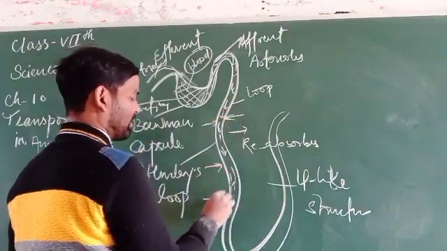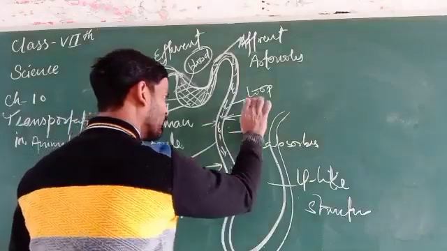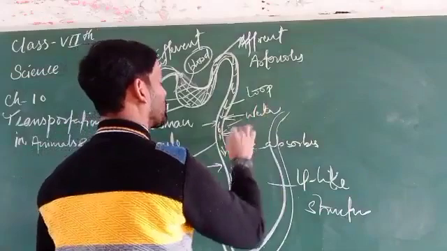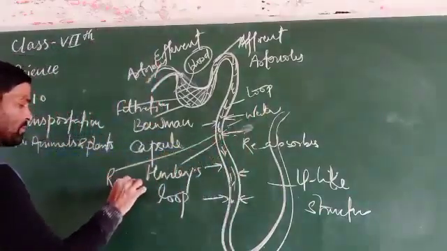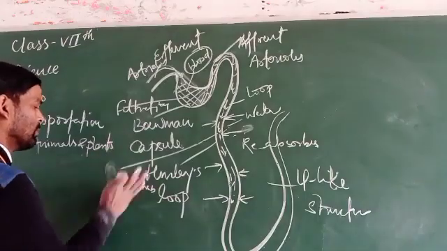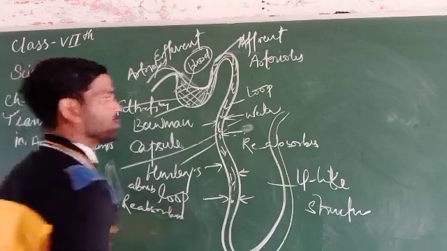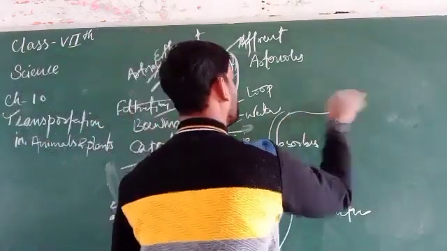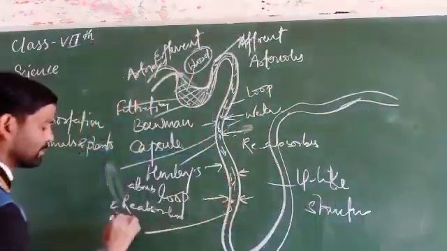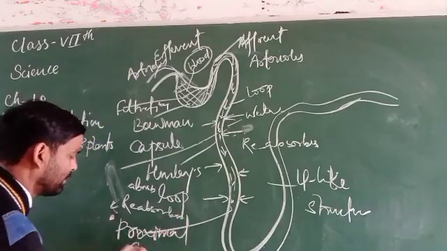So most of the water from the waste material gets absorbed and reabsorbed again. Thereafter it is attached to the proximal convoluted tubule.